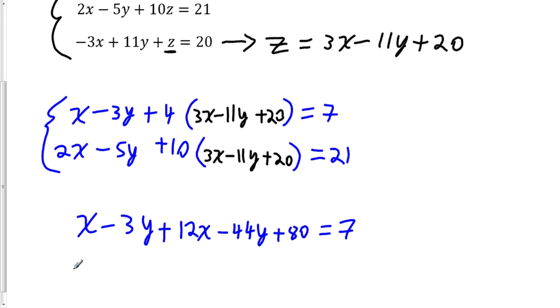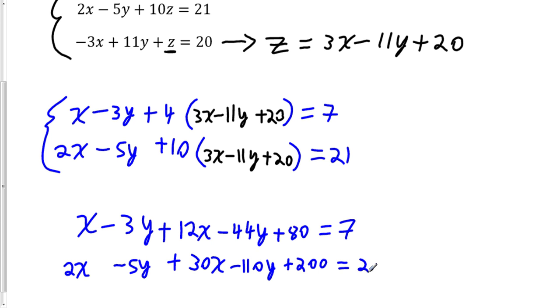And then on the bottom one here, I have 2x, a minus 5y, and a plus, and then 10 times 3x is 30x. 10 times negative 11y is negative 110y. And 10 times 20 is 200. All right, and this is equal to 21.